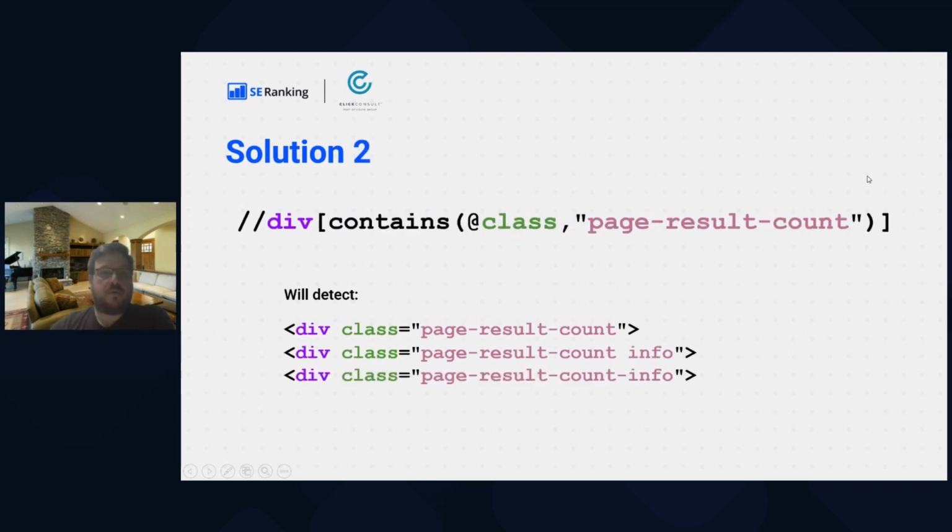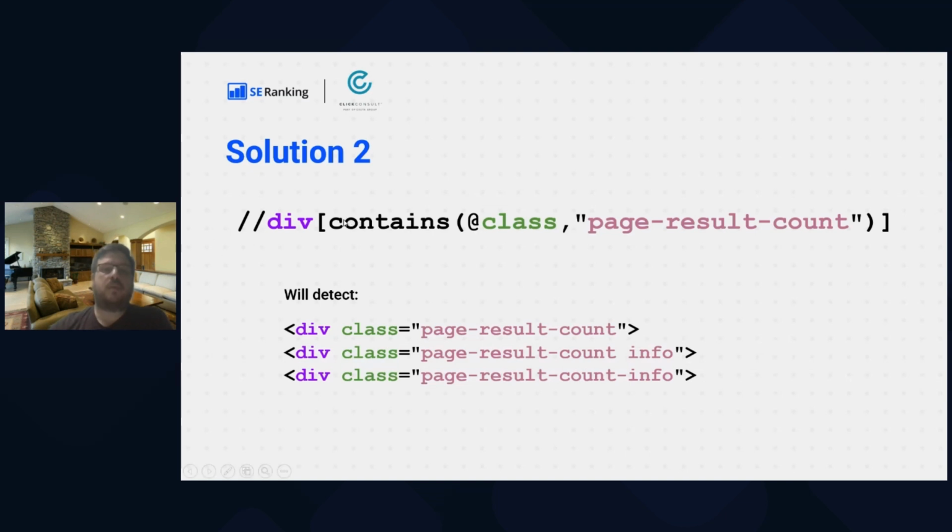Solution 2 is what I would call phrase match. And again, you don't have to remember the exact syntax. You just have to remember that it is possible, because I will be sharing this at the end.